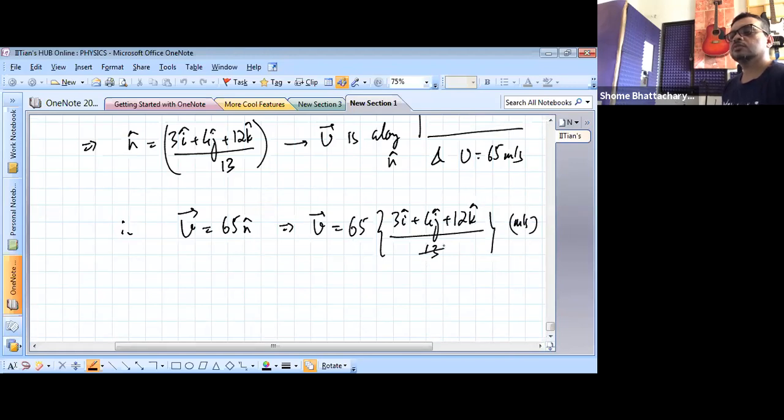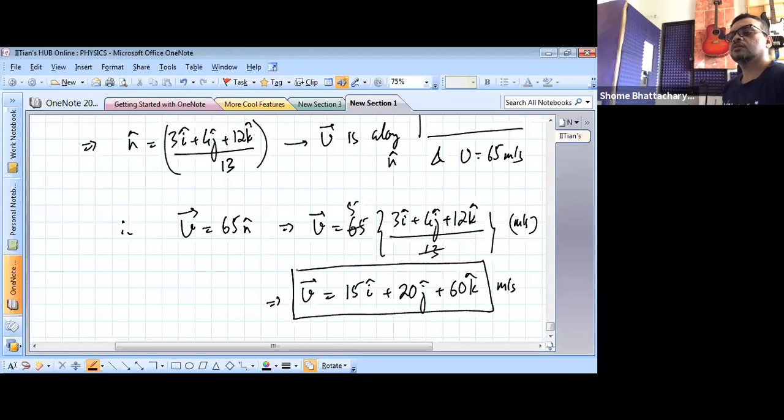So now just use ordinary algebra. So the velocity becomes, if we take the 5 inside, it has an x component of 15 meters per second, a y component of 20 meters per second, and a z component of 60 meters per second. So this is the velocity.